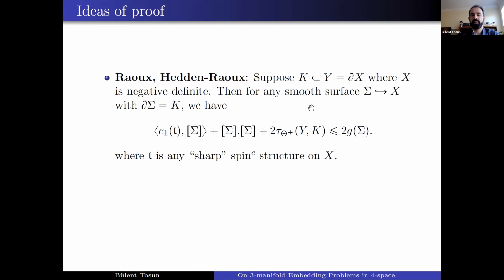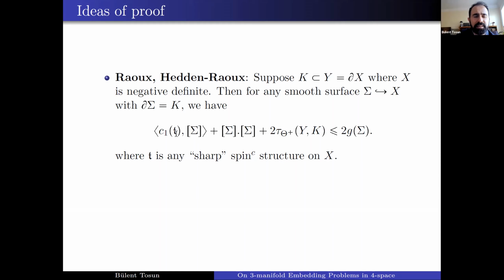Whenever you have a negative definite four-manifold filling of Y, and K is some knot in there, then for any smooth surface sigma in X with boundary K, you have this version of the adjunction inequality available.